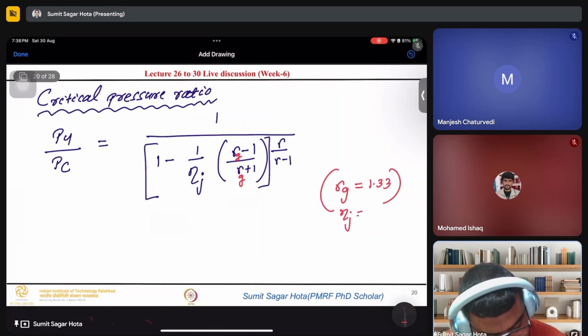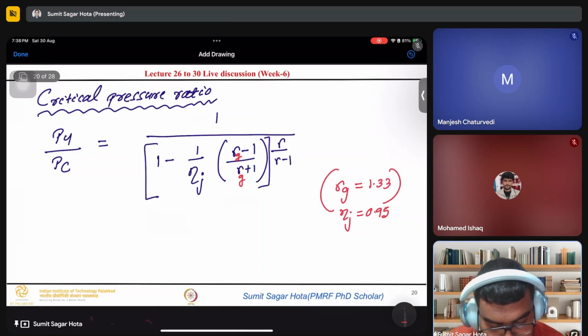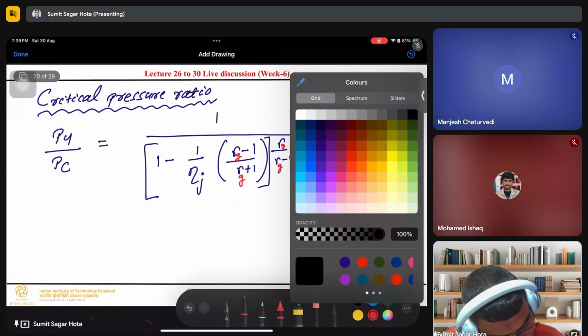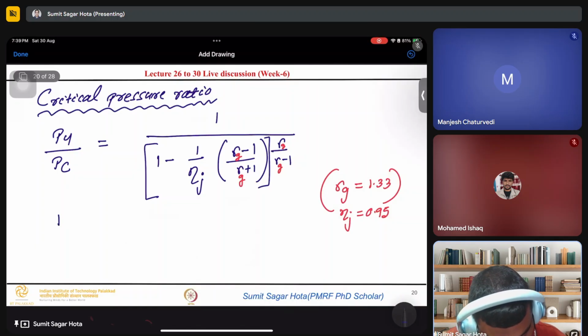Eta J is already given as 0.95. Now if you solve it, you get this P4 by PC ratio as 1.91.